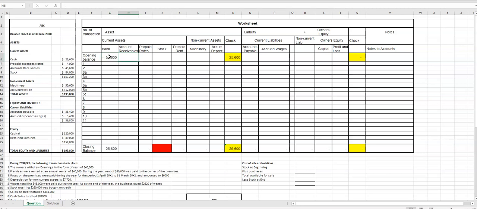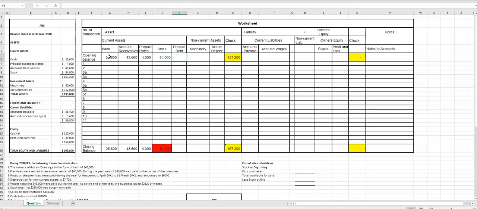Accounts receivable is also known as debtors or trade receivables, and we can see that that figure is 43,600. And prepaid rates are rates which we have paid in advance but we haven't yet incurred the expense, and that amount is $4,000. Stock is also known as inventory, and we can just put that figure straight in of $84,000.